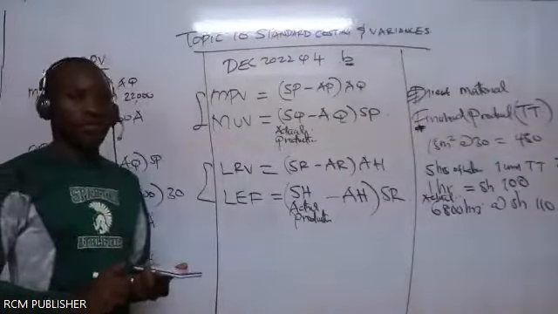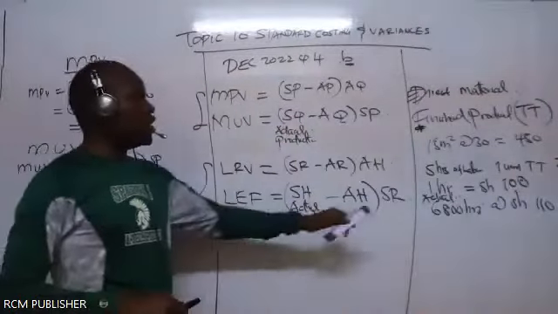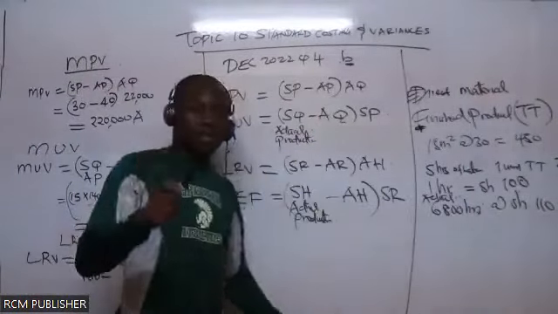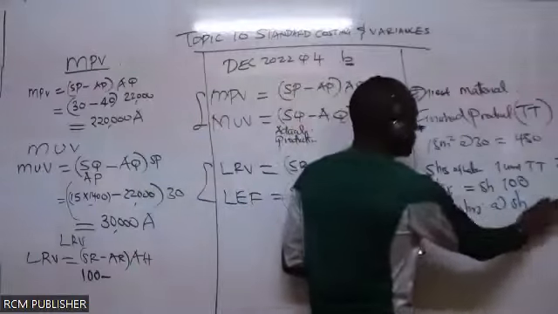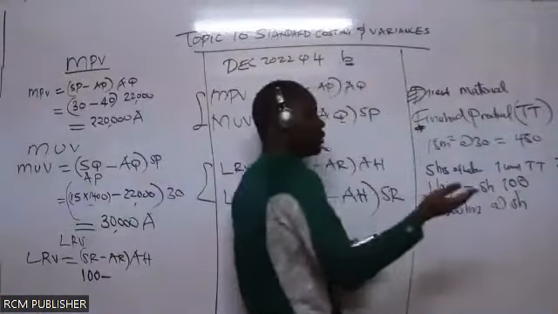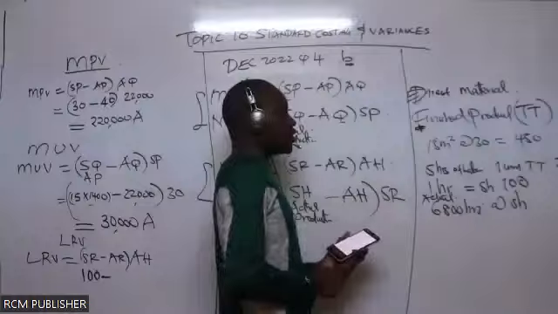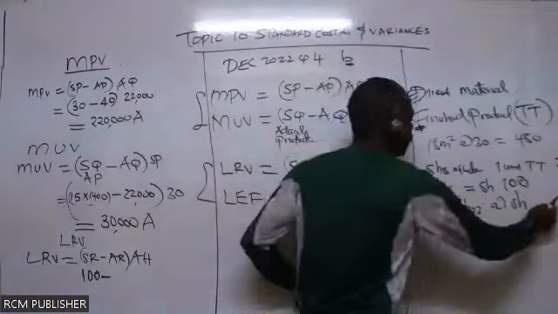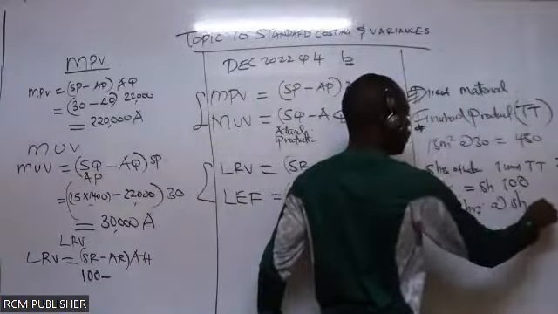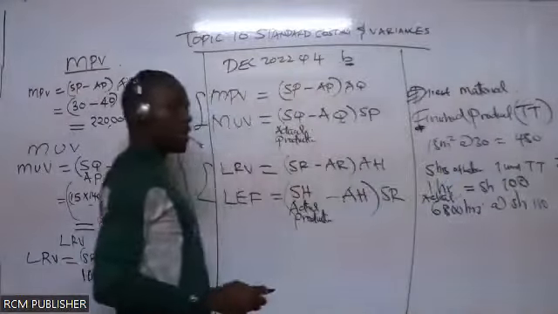In some questions, it is going to be the same thing, but the only thing they do is they don't give you this 110. They know very well you'll be able to calculate with that 110. So they take 110, multiply by this, and give you the total figure. So it is upon you to know how to get the 110.